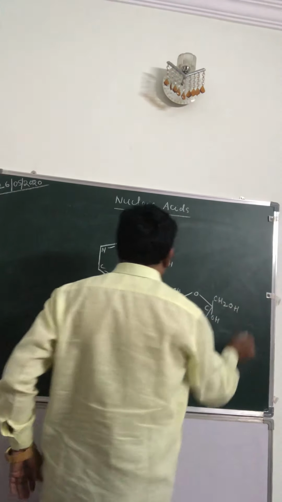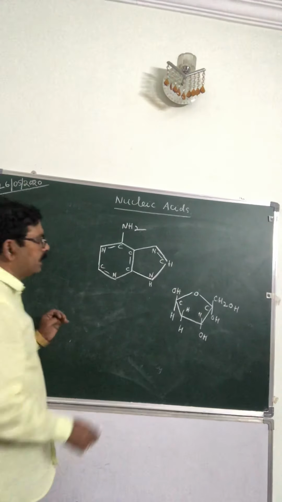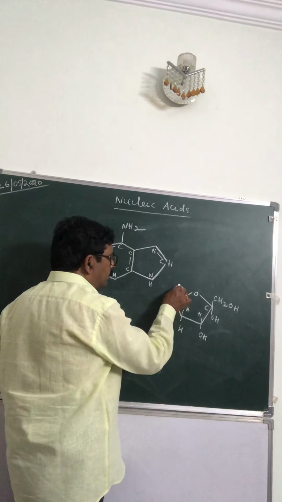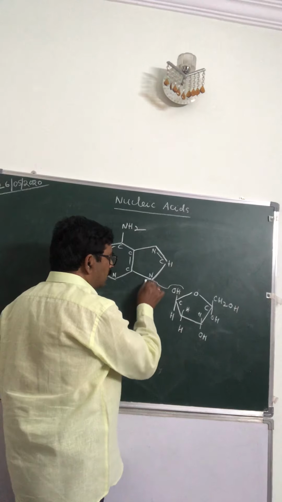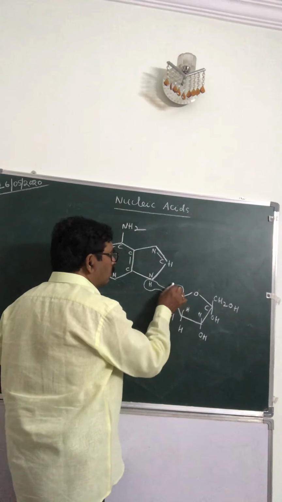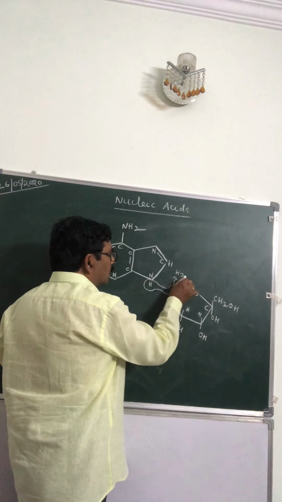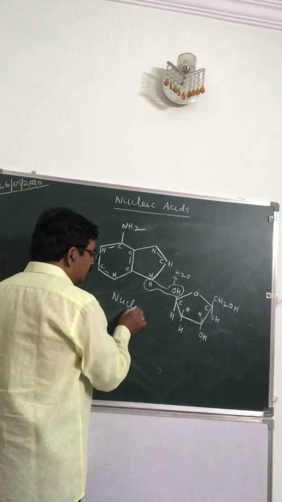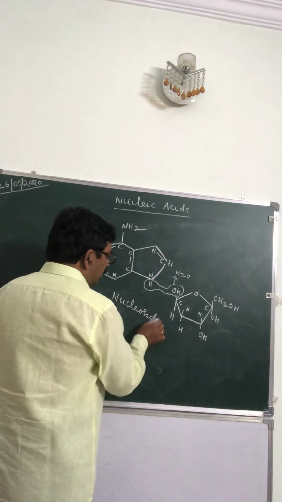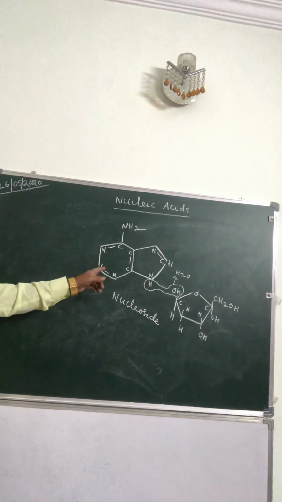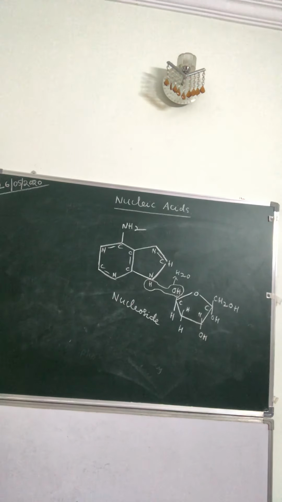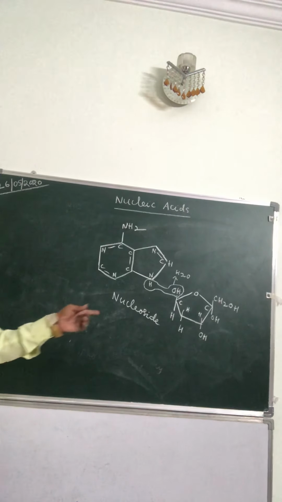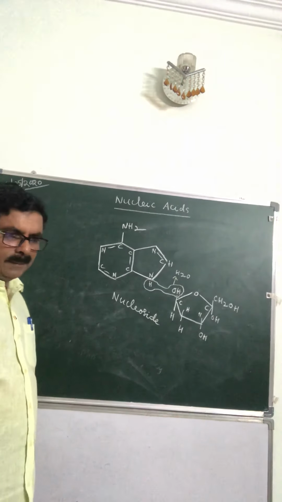Now what happens, a bond is formed between the nitrogen base and sugar, leaving one water molecule. A structure formed between the nitrogen base and sugar is known as a nucleoside.